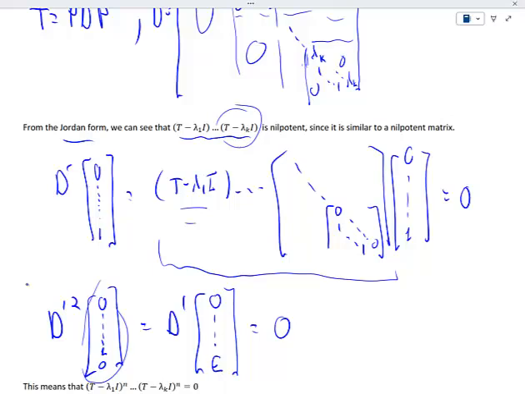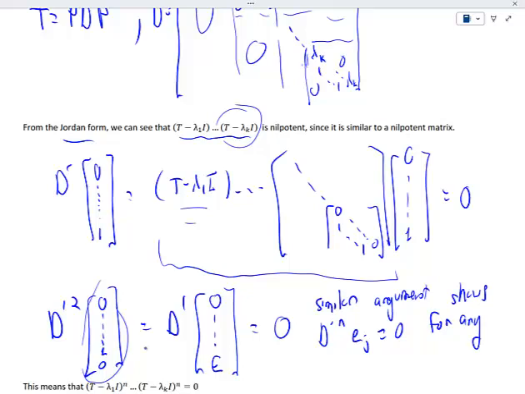So similarly, I could do a similar argument to show that if I take any basis vector and apply D prime multiple times to it, I'll end up with 0. So a similar argument shows that D prime to some power, D prime to the k, or D prime to the n, applied to any basis vector ej is equal to 0.